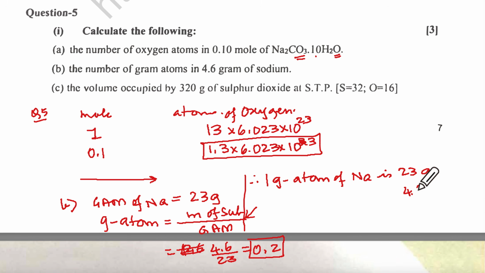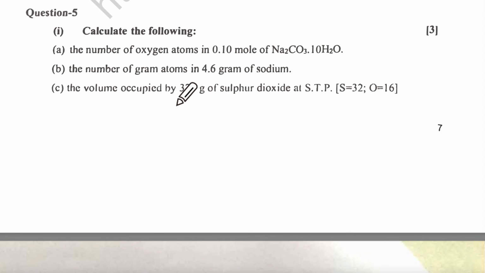So if it is 4.6 gram, then X. In case you forget the formula, remember your brain zindabad. Your brain is alive and thinking. Do not panic. If you panic, the brain will not think. Just say a small prayer.